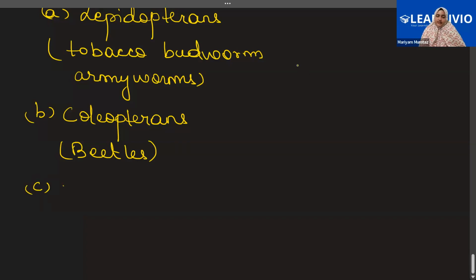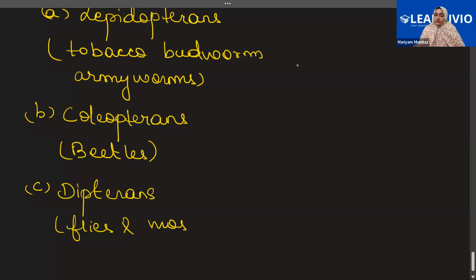Then the last one is Dipterans, which means they belong to the Diptera class. In this case come the flies and the mosquitoes. So these are the pinpoint classes of insects which get severely affected by the particular toxin, Bt toxin.